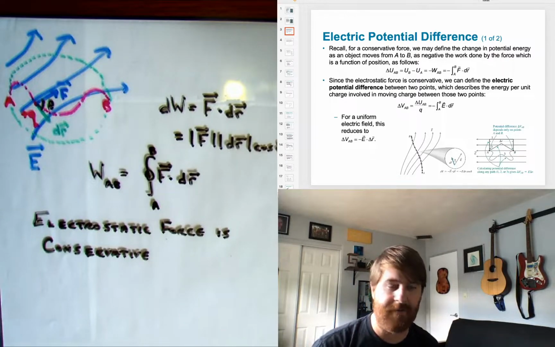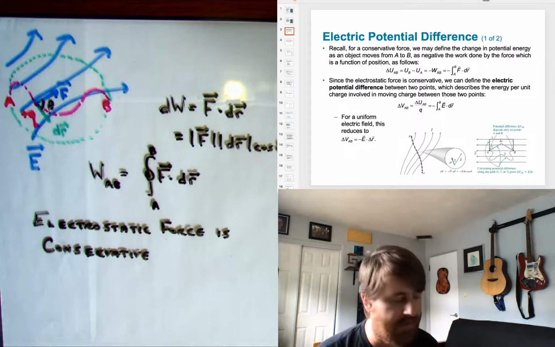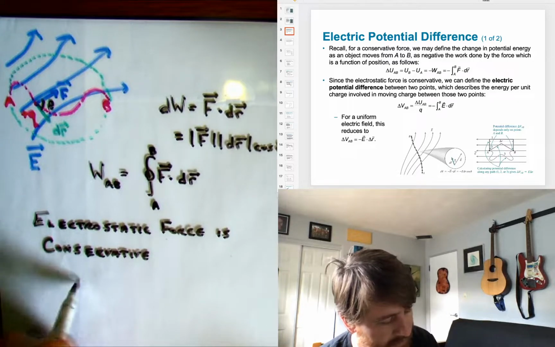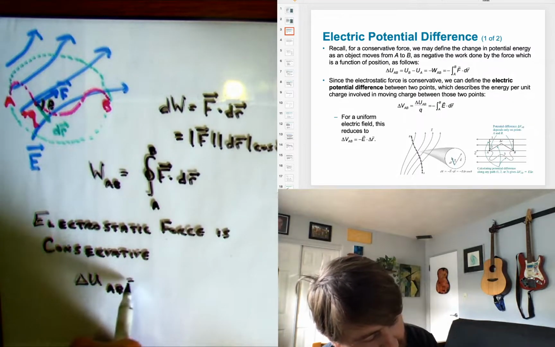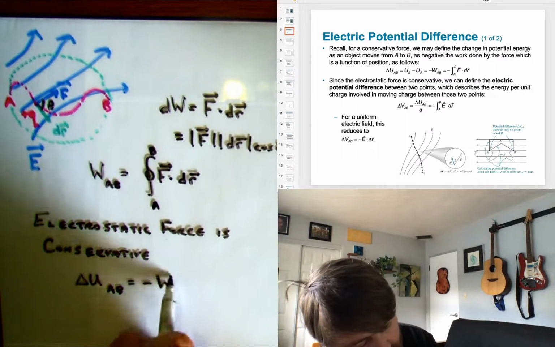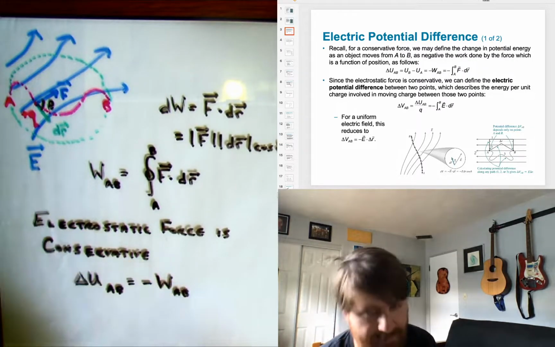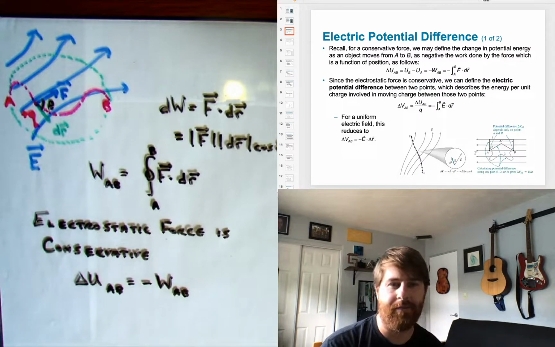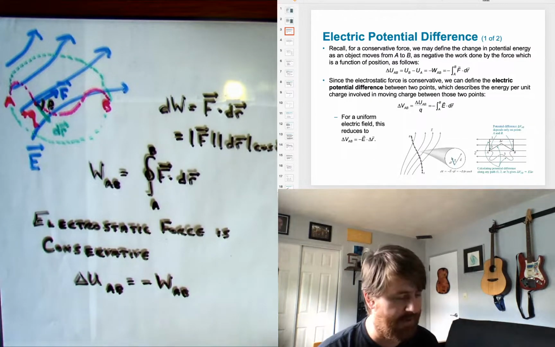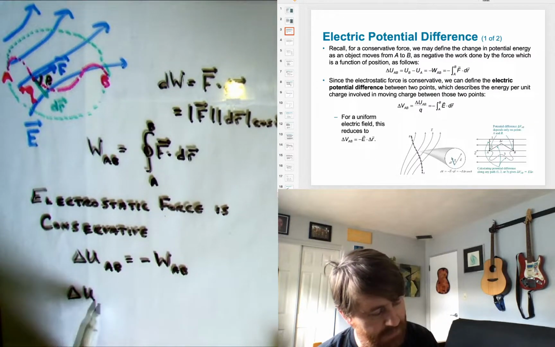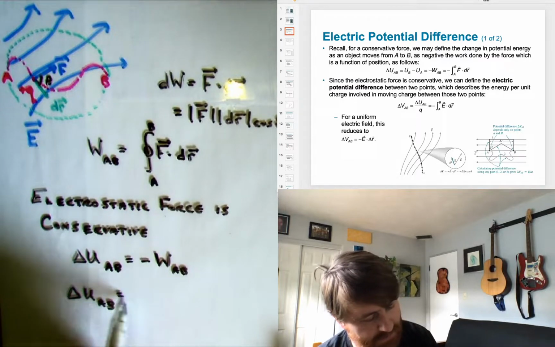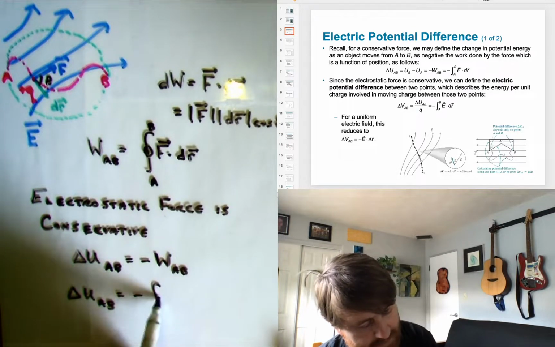And for a conservative force, the change in potential energy, what we'll call delta U AB, is negative the work done by the force in moving it from A to B. Okay, so we can write down the change in potential energy now. Change in potential energy is negative the work done. So I just have to put a minus sign in front of my integral.